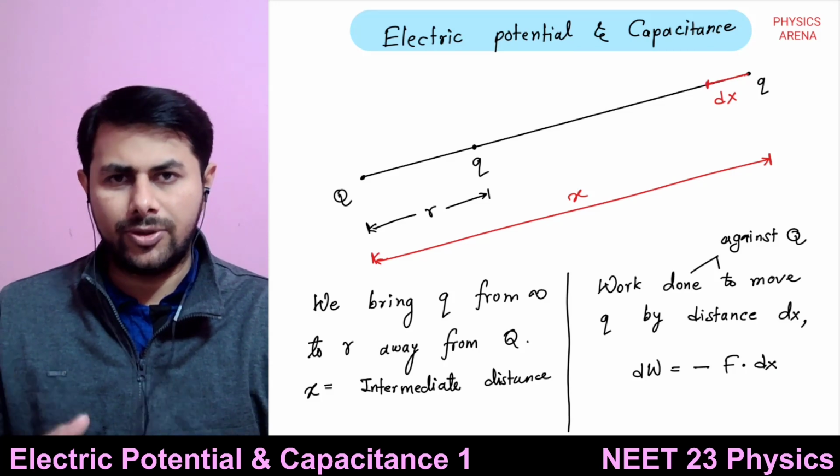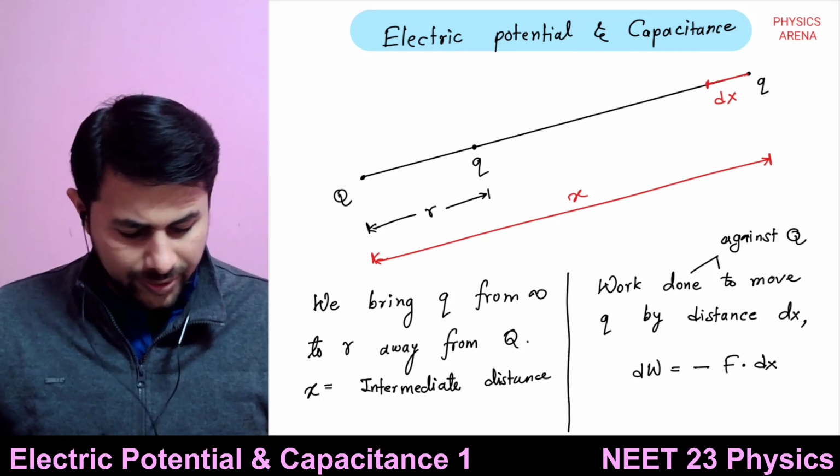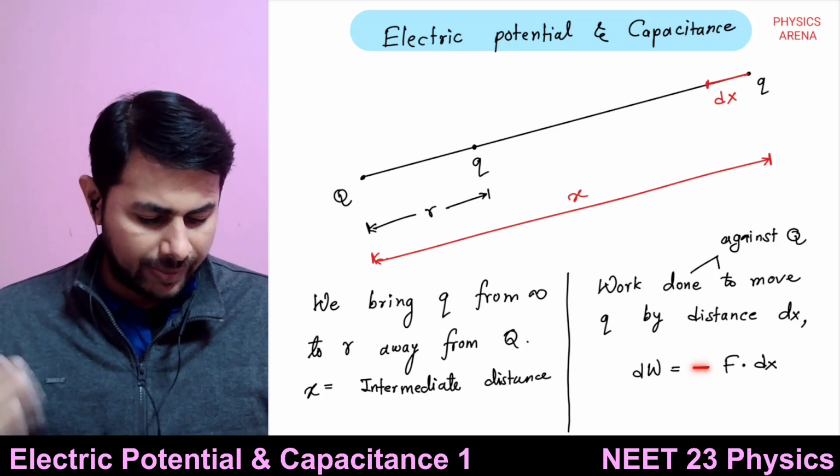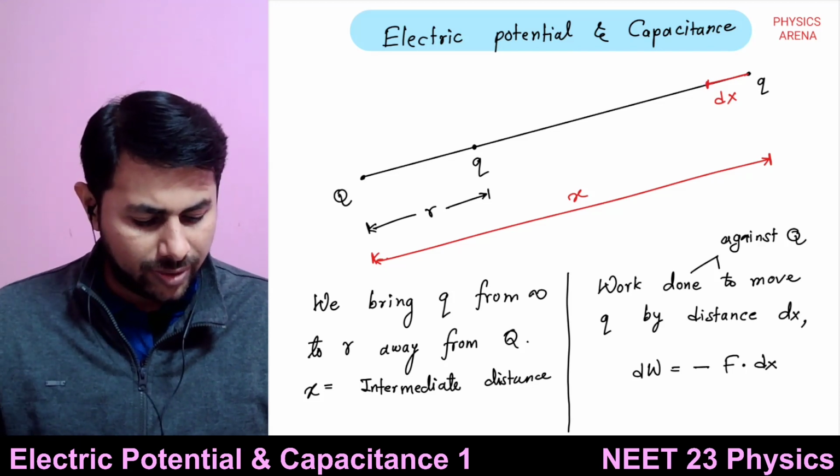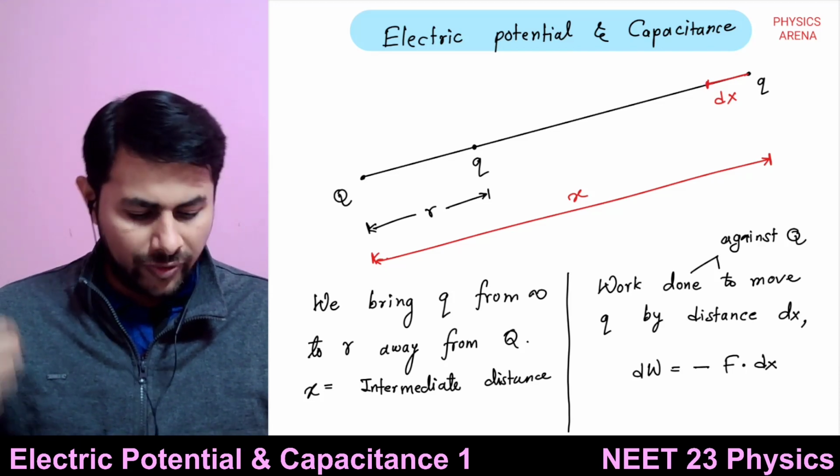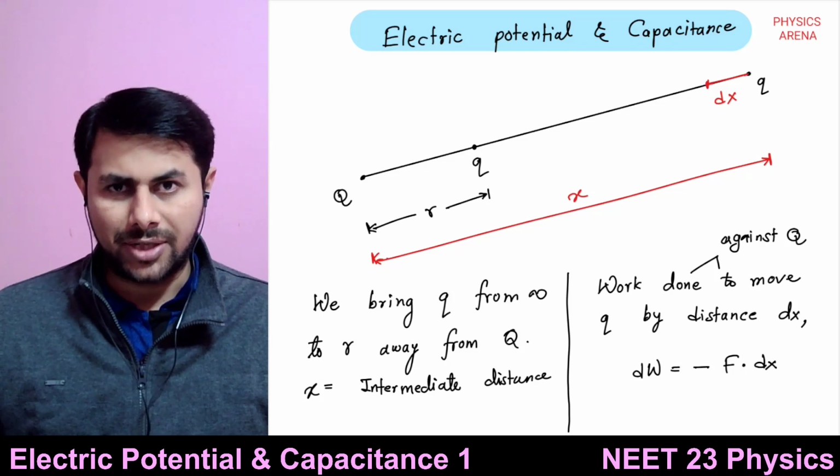Work done is force multiplied by displacement. But why am I taking this minus sign? It's because we are doing work against the electrostatic force.